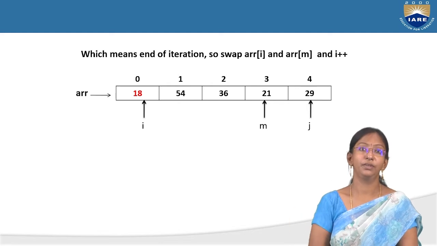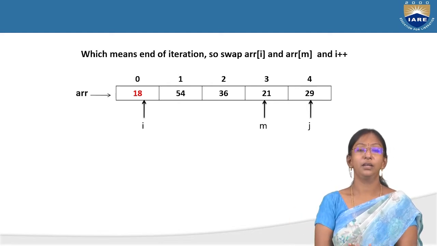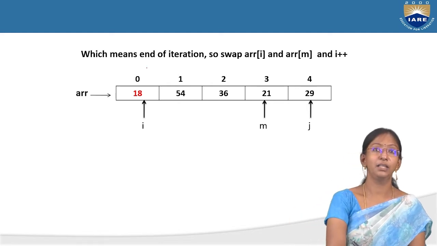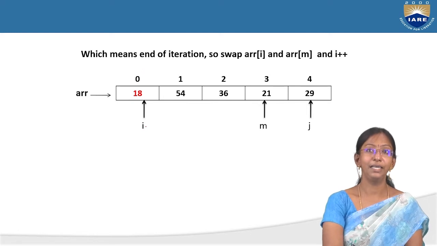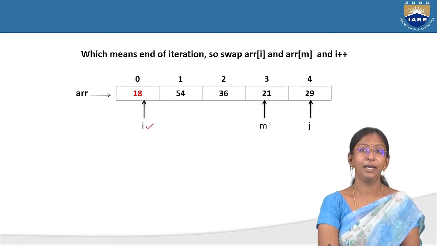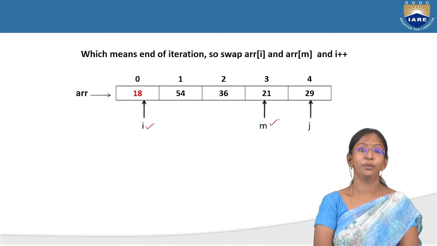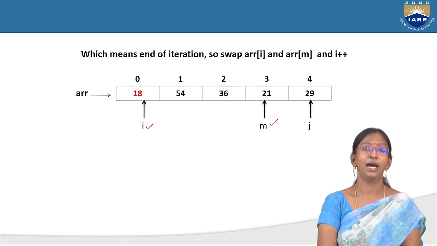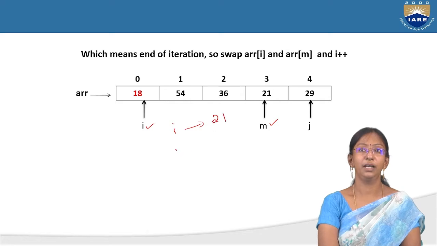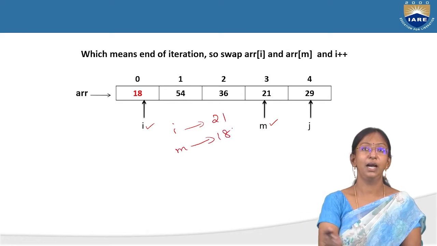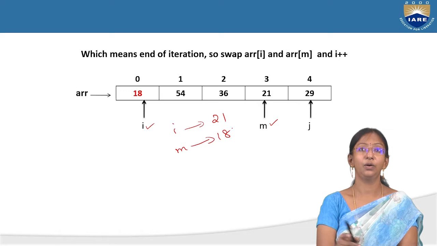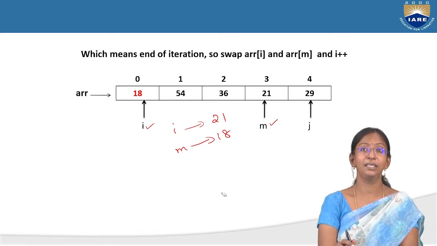By the end of the first iteration, the elements pointed by i and m are going to get swapped. Initially, i was pointing to 21 and m was pointing to 18, and I swapped them. Now, i is pointing to 18 and m is pointing to 21.